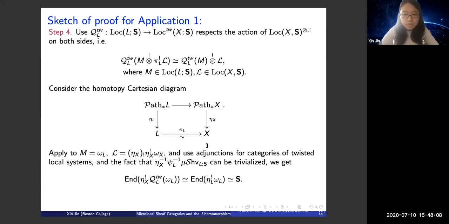This isomorphism tells me that when I pull back my twisted local system, which becomes a local system there, it is isomorphic to just the pullback of my omega, which is just the omega here. And this is isomorphic to S. So this completes the proof. Any questions?